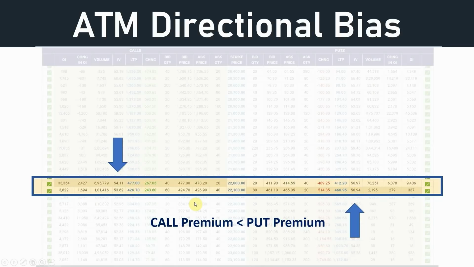It shows that put option buyers are willing to pay more than call option buyers. So it tells me that people are willing to take put options, not so much call options. It means people are slightly skeptical about the downside.